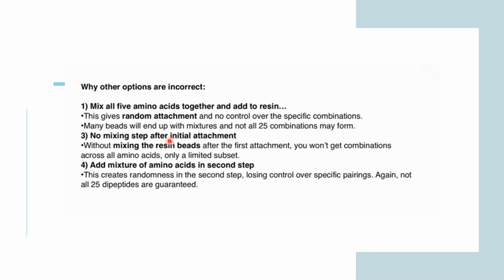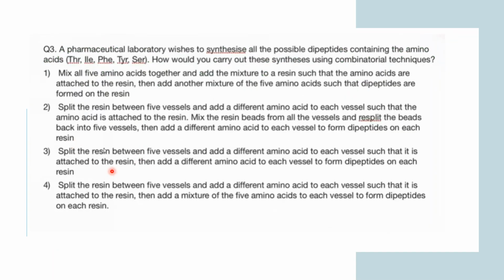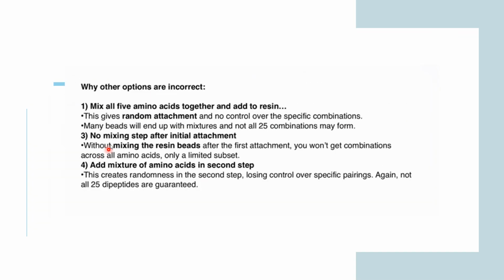The third one is no mixing step after initial attachment. So you are doing the same thing in the third option also, but what is missing is the mixing step after the initial attachment. So if you are working without mixing the resin beads after the first attachment, you won't get the combinations across all amino acids. Only a limited subset will be there.